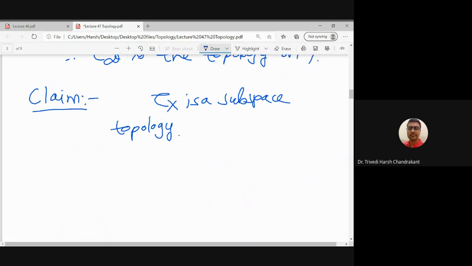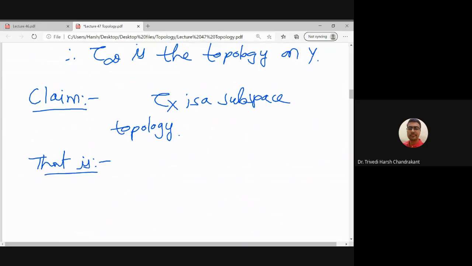So actually what we want to prove here is that since X is a subset of Y, tau X is nothing but the intersection of open sets of Y with X. So this we want to prove.